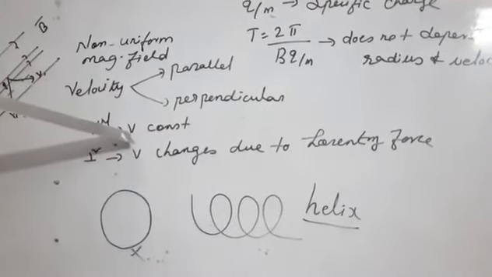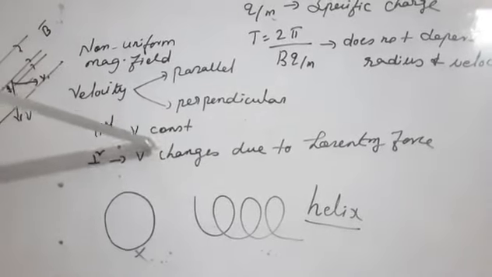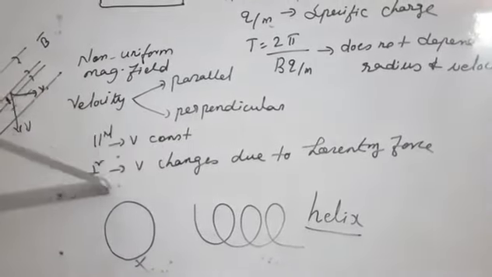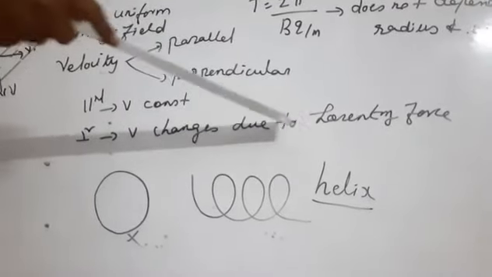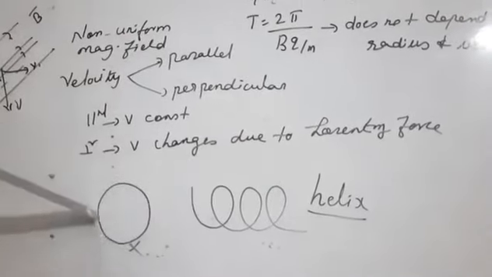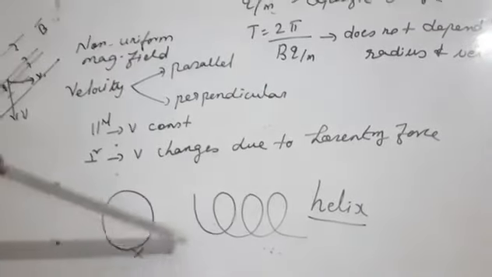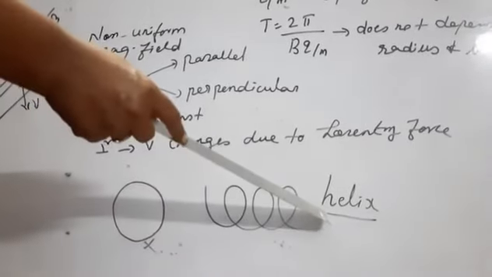The component of velocity parallel to the field remains unchanged, and the component perpendicular to the field keeps changing due to the Lorentz force. Hence, the path of the particle is not a circle, it is a helix around the field line.